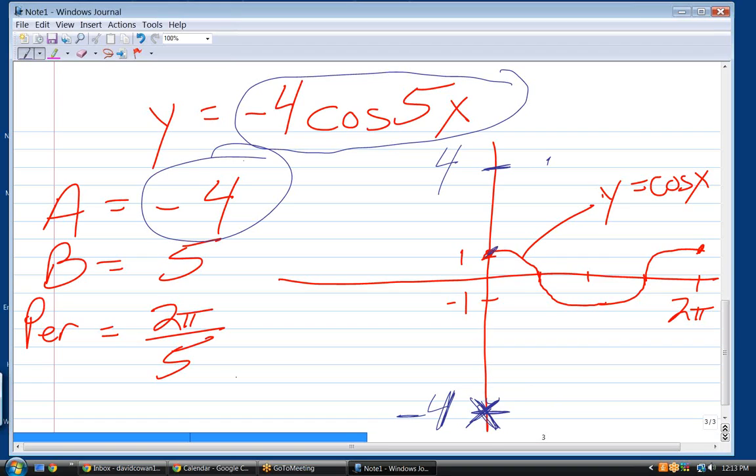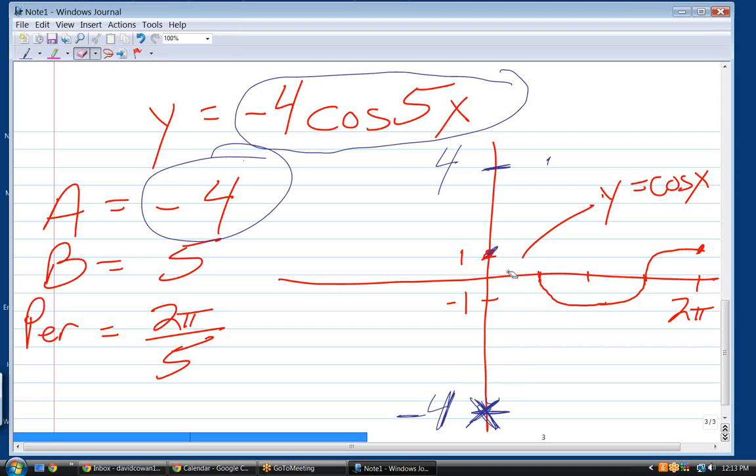Now, its period is 2 pi over 5. Well, if I try to draw that on this graph, it's going to be somewhere about here. And I'm not really going to be able to show it properly. So let's expand the axis.